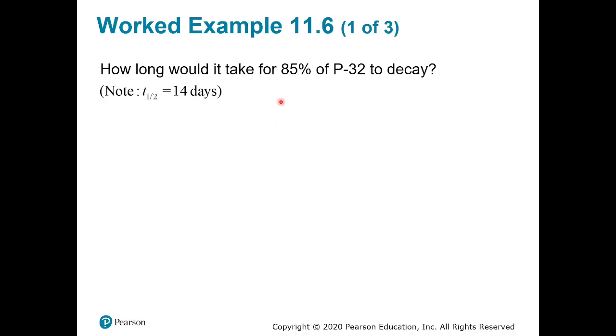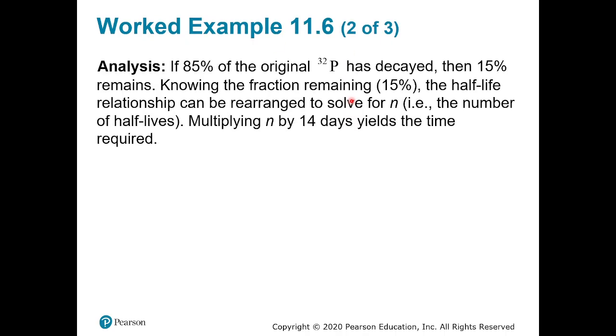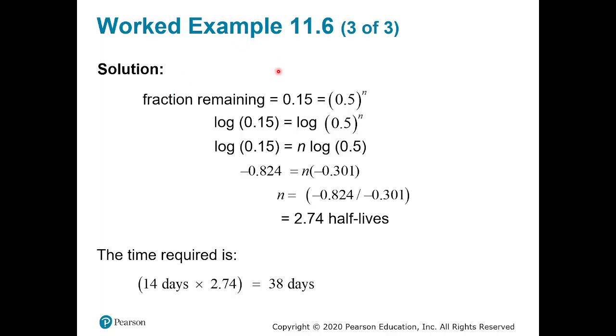So what we have to figure out is we just need to manipulate this equation backwards, don't we? So instead of figuring out how much is left, we have how much is left, and we need to figure out n, the number of half-lives that passed. Okay, let's go ahead, and this is how you do it mathematically, and this is where I'm going to start.